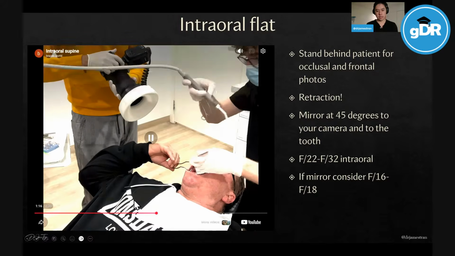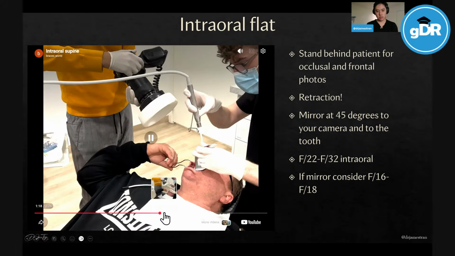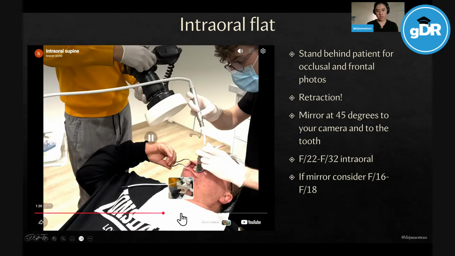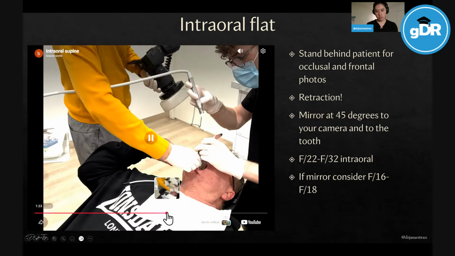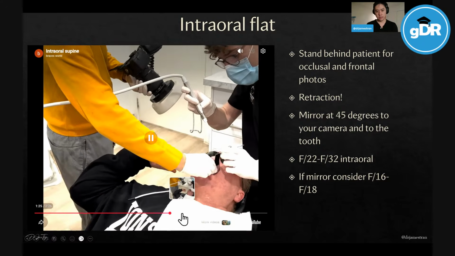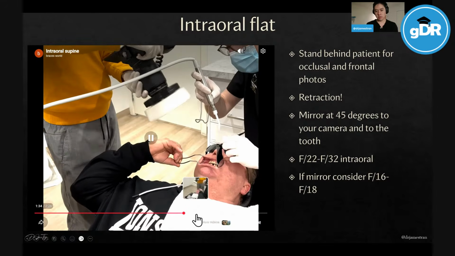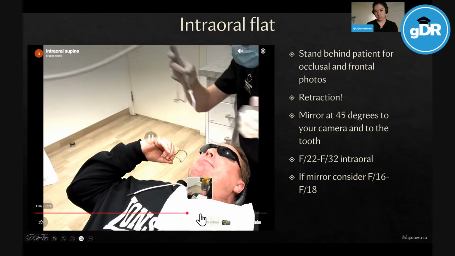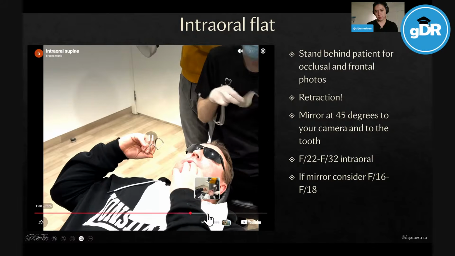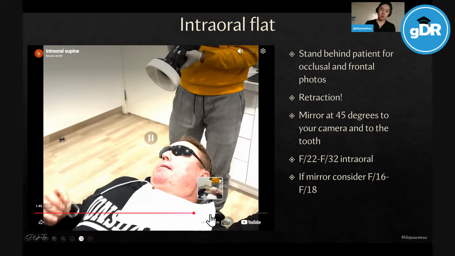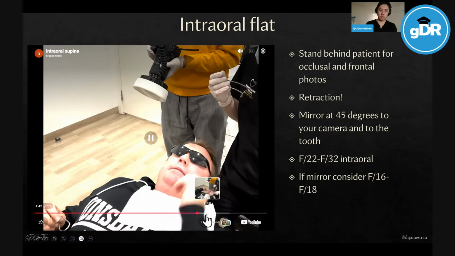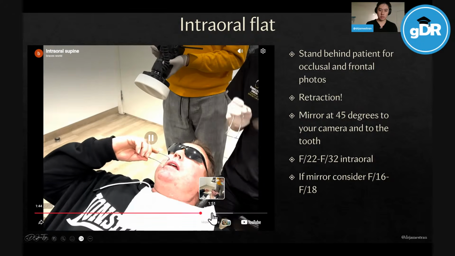But when the patient's lying down, you need to make sure that you're in a replicable position. In hindsight, I would probably be standing behind the patient rather than standing to the side here. When I'm standing behind the patient, I know the image positioning will be a bit more predictable. It means I've got to rotate the image a bit more post-op, but I know it's more predictable.